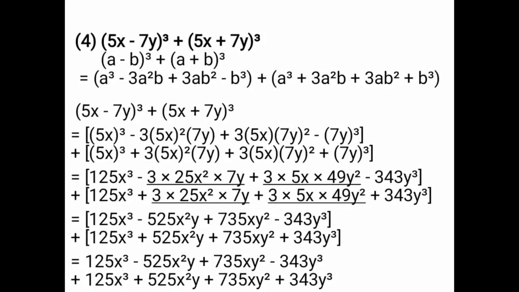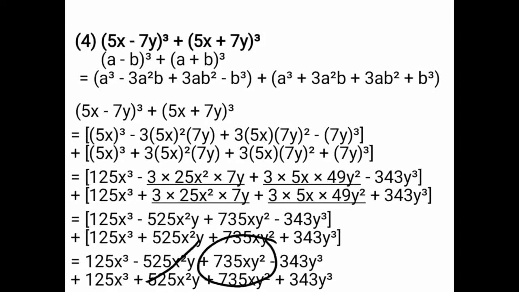Now you have to add and subtract the like terms. 125x cube plus 125x cube. Add 125 plus 125. How much is getting? 250x cube. Minus 525x square y plus 525x square y get cancelled, because 525 minus 525 is 0. Plus 735xy square plus 735xy square.